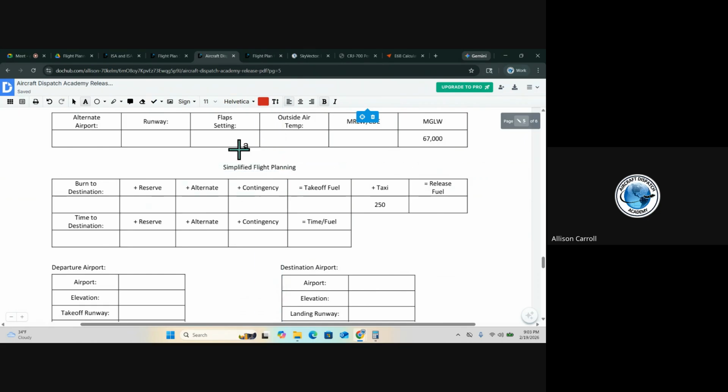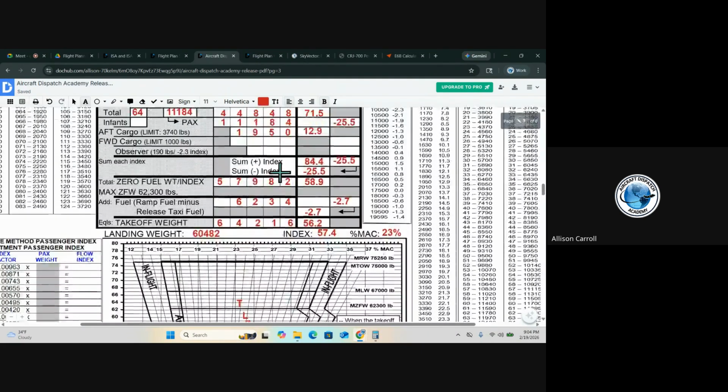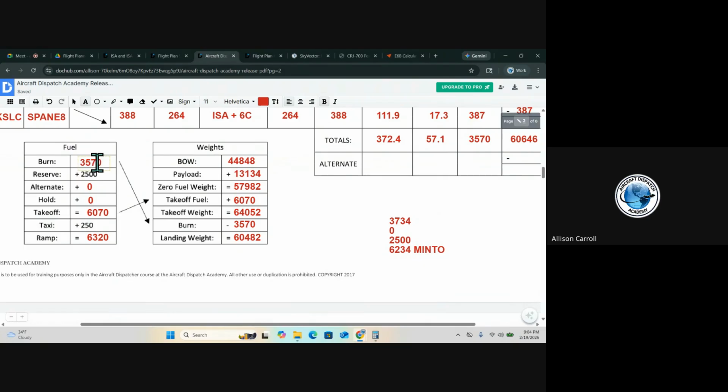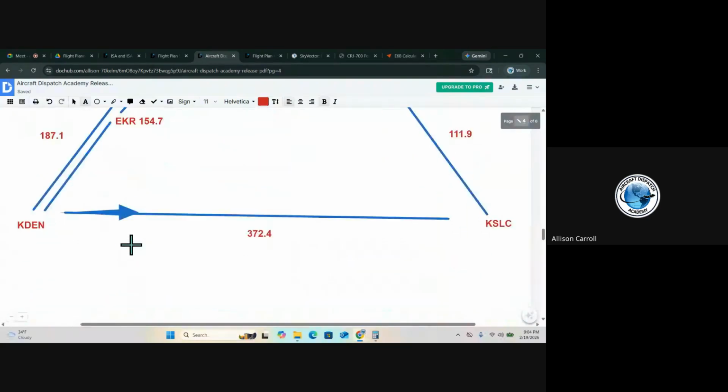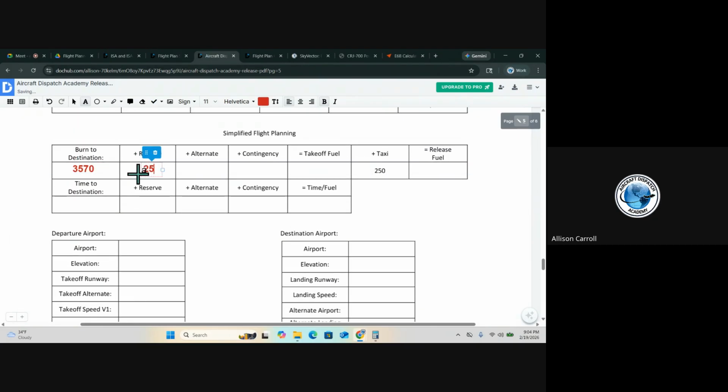Now we're going to go into the simplified flight planning. On this top line, it's going to be in pounds. This is really just fuel. So pounds up top, and then this bottom line is going to be in time. Our burn to our destination was 3570. Okay, cool. Now our reserve is 2,500 pounds.